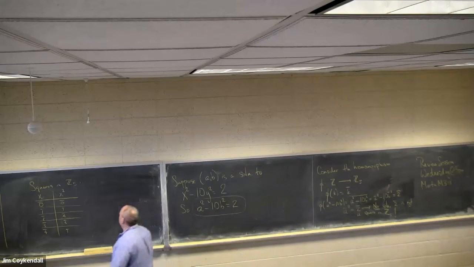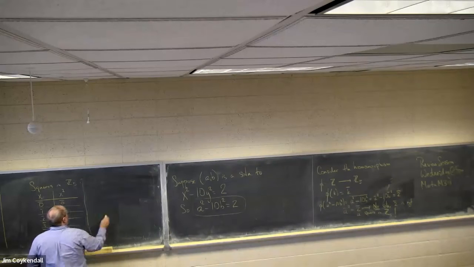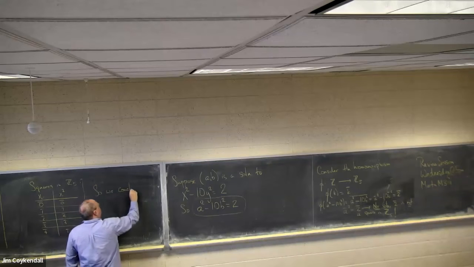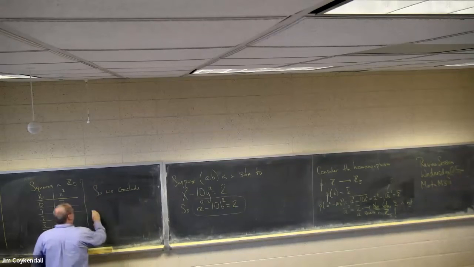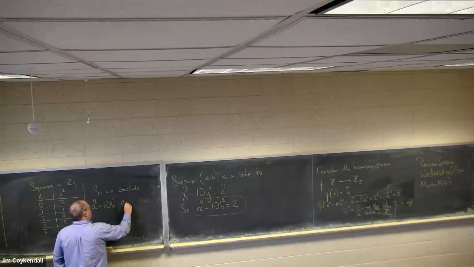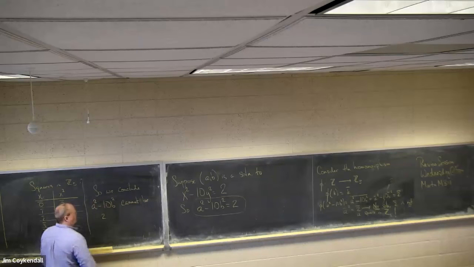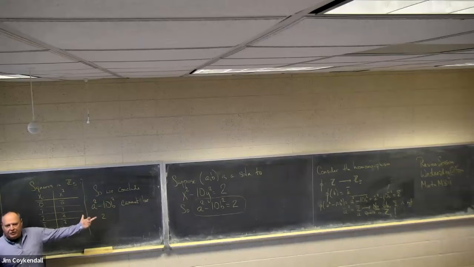And so we must conclude there is no solution, because if this could ever be 2, that would mean that 2-bar would have to be a square mod 5, which it isn't.